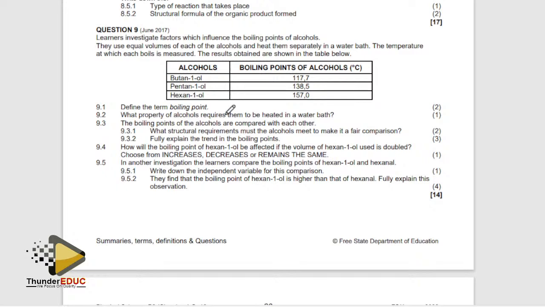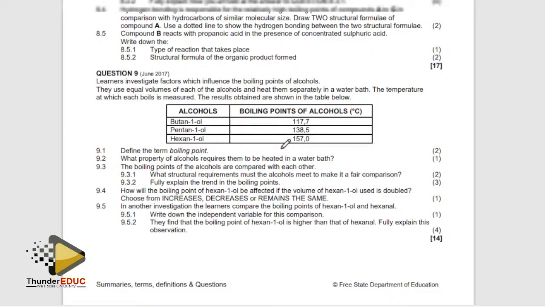They're saying boiling point, they're not asking you what is boiling. When they say boiling, it is the process when the vapor pressure is equal to atmospheric pressure. But when they say boiling point, then you say it is a point at which. Please make sure that you differentiate that.